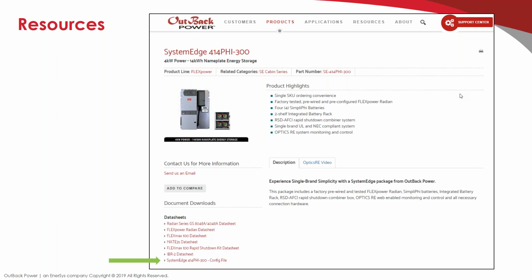So we're going to have an 8048, a Radian, with 2 FM100s. So that'll be a configuration file for that, for each battery. There'll be a configuration file for each 8048 with 2 FM80s. And then finally, there'll be a configuration file or a drop-down menu option for Skybox. So we'll have 3 configuration files for each battery, and those will be available soon.